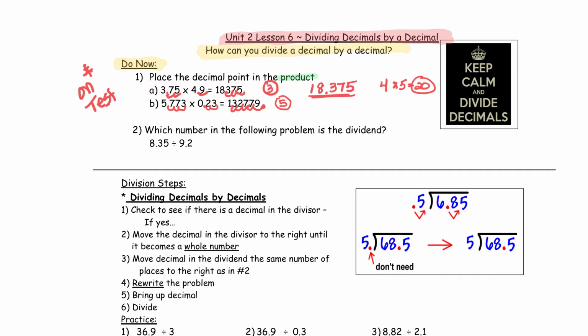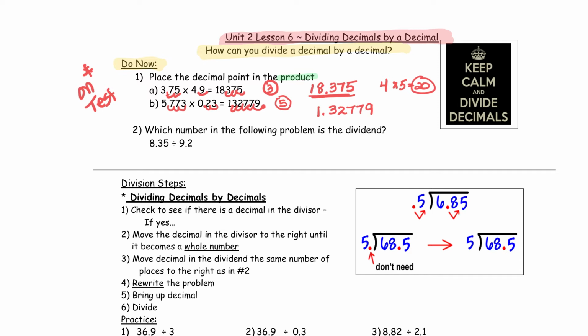So that would make our final answer 1.32779. Wow, how would we say that? We would say that as 1 and 32,779 hundred-thousandths.